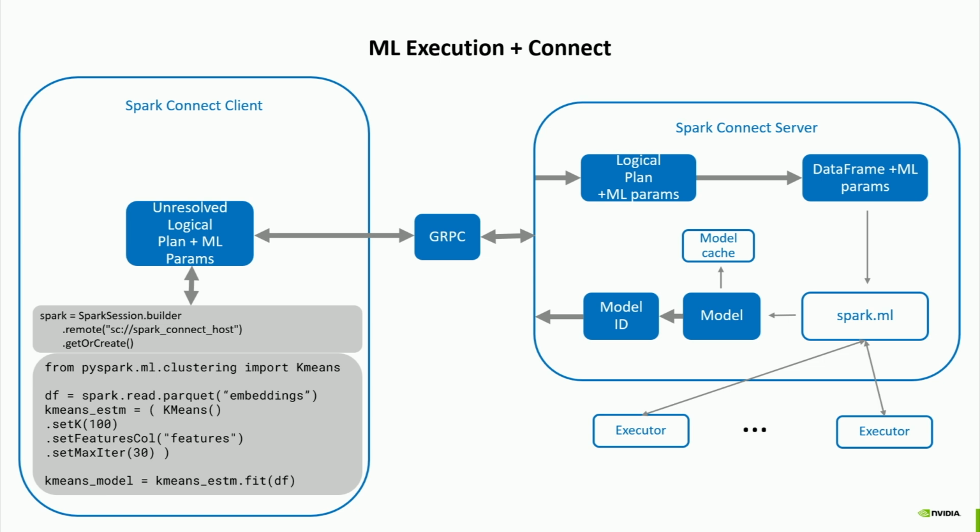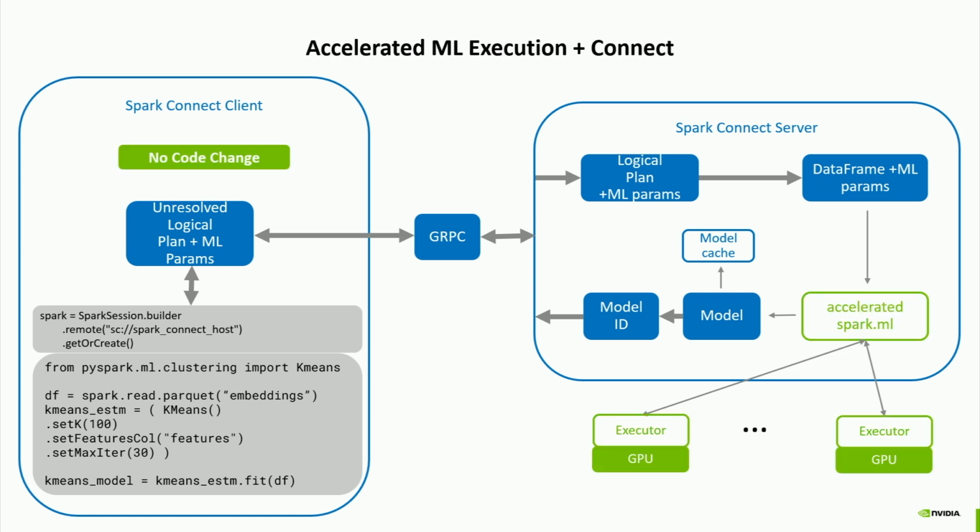The resulting model after the fit method completes is cached locally on the server side, and an ID identifying this model is returned to the client to allow it to possibly remotely invoke methods on the model, like transform, for example, or extracting and downloading the model coefficients for saving locally on the client.